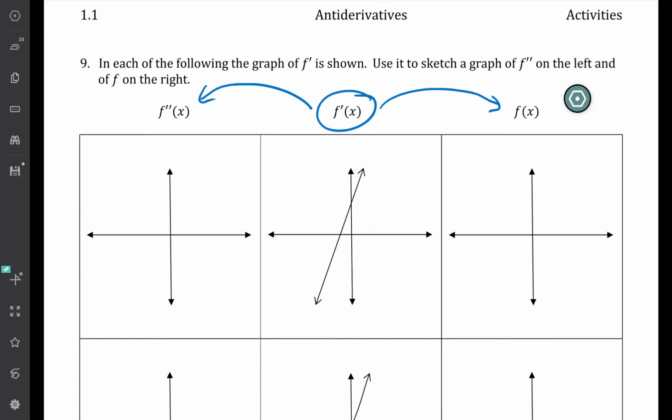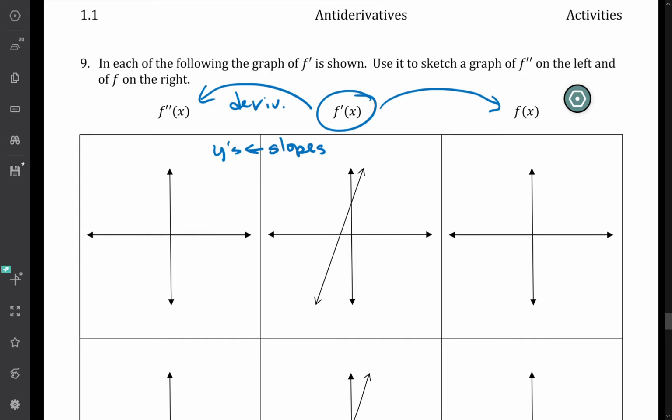Okay, so first function, I've deliberately not given you actual scale, no x and y tick marks, because I just want you to focus on basic shape. So with this one, when we go from f prime to f double prime, that's taking the derivative, which means the slopes become our y's.